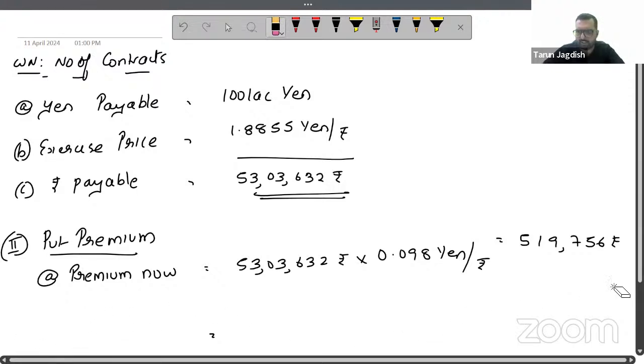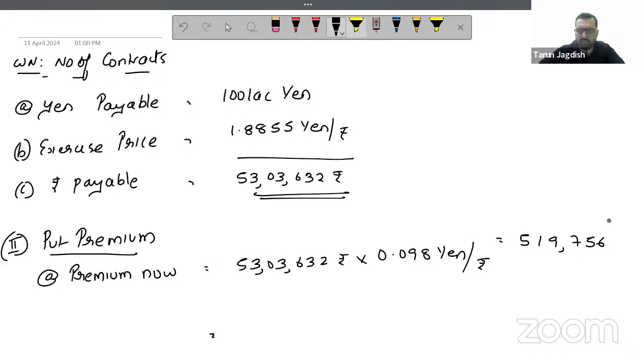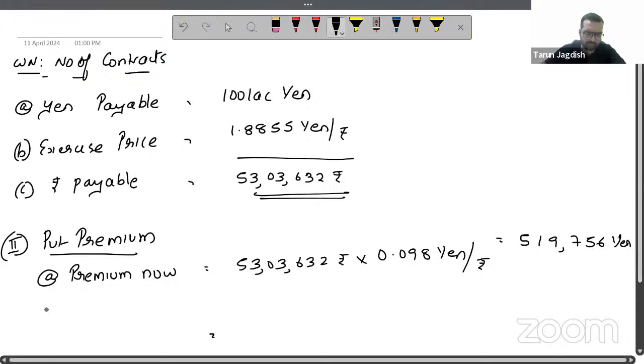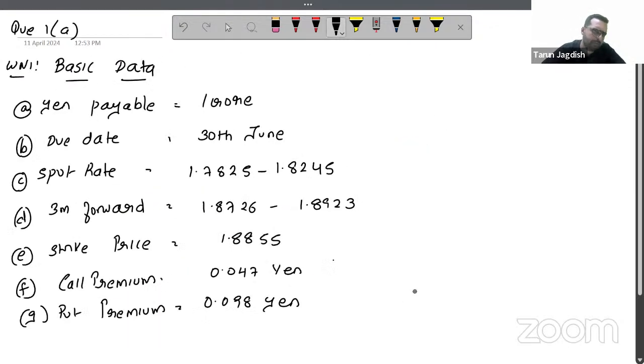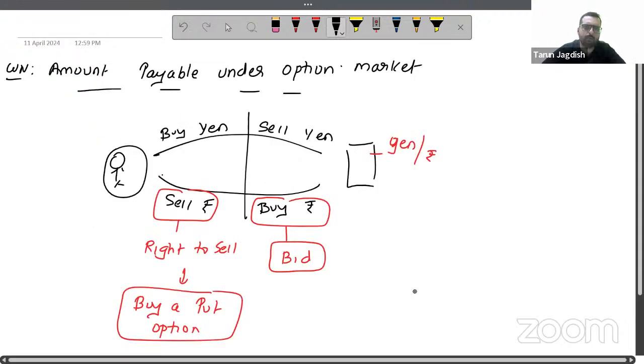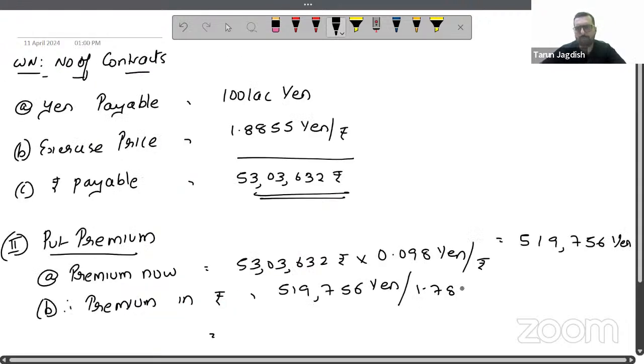So if this is in yen, I will have to convert this into rupee by using the spot bid rate. Therefore, premium in rupee will be 5,19,756 yen divided by the spot bid rate. Spot bid rate is 1.7825. That will be 2,91,588 rupees.